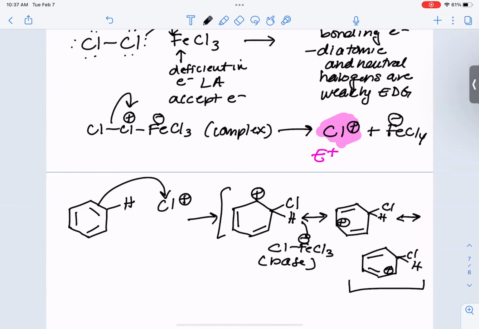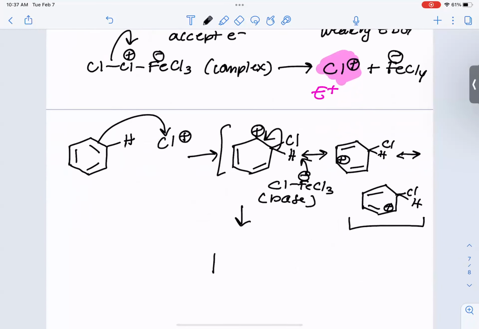It can take this hydrogen and the electrons go back into the benzene ring. We've added chlorine to the ring and we get HCl and we regenerate our catalyst.